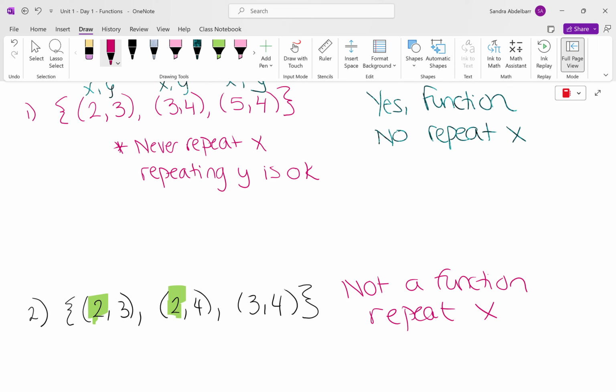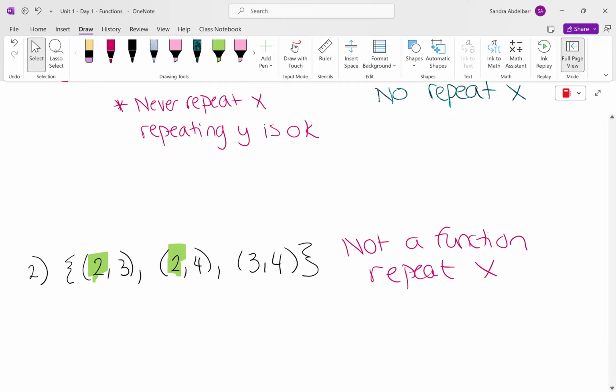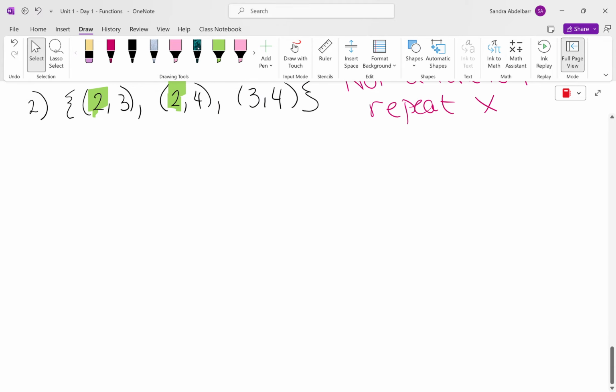Does anybody remember how you determine if something's a function given a graph? Does anybody remember? What's your name? Kimberly. The vertical line test, you got it. So let's talk about that.